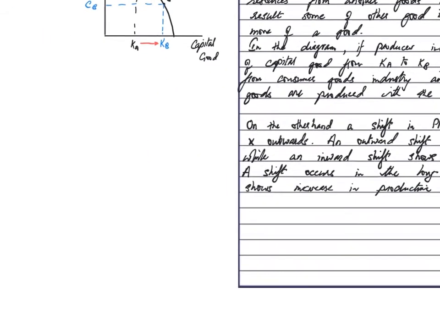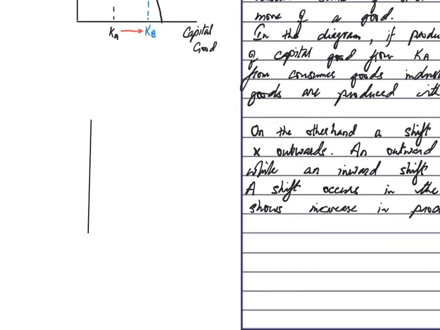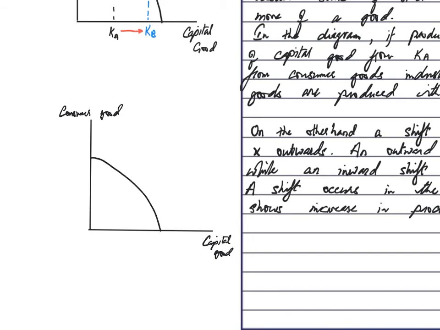ओके. सो आउटवर्ड शिफ्ट का फिर तुमने एक पीपीसी इधर बनाना है क्योंकि डायग्राम्स बोला है, तो यू हैव टू हैव एटलीस्ट 2 डायग्राम्स. We'll work with the same capital good on x-axis and consumer good on y-axis. ऐसे करके दिखाया. You can do an outward shift like this and you can show an inward shift like this, obviously with the marking.